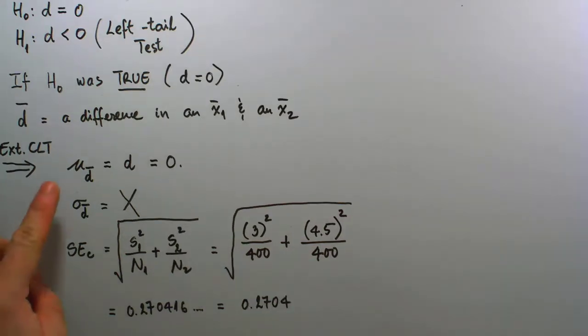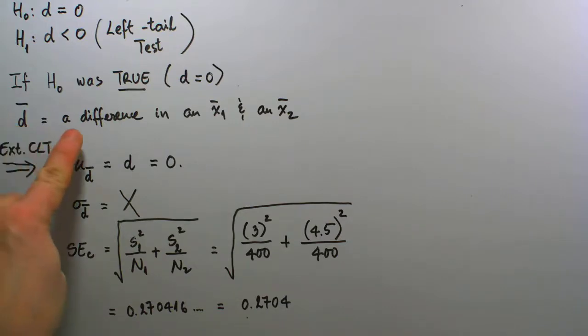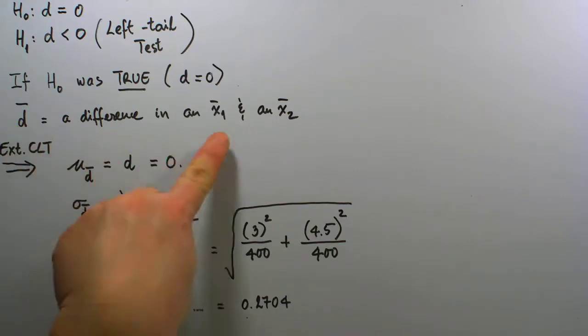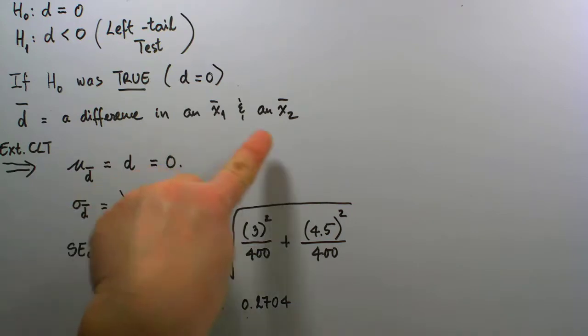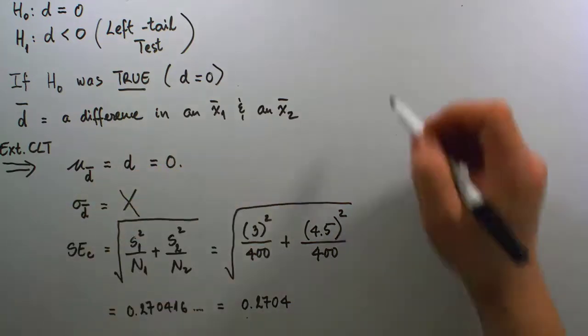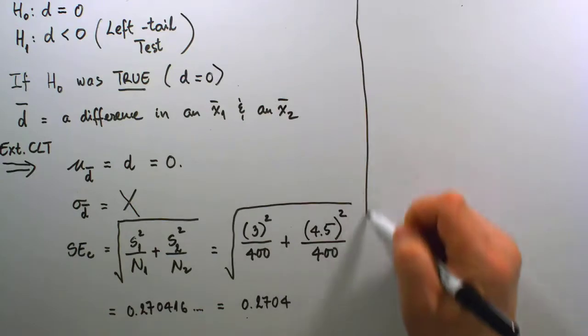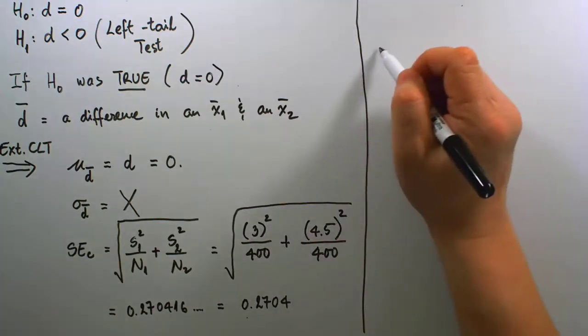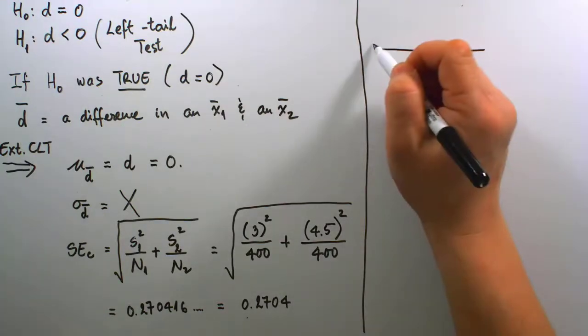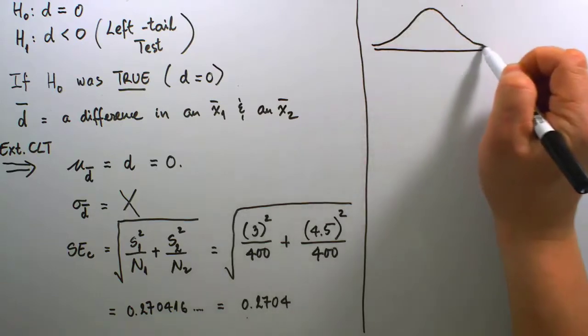Now that we have the center, and at least an approximate of our average spread on this sampling distribution of all sampling differences in any x bar 1 and x bar 2, imagine we are on a bell curve representing all sampling differences.